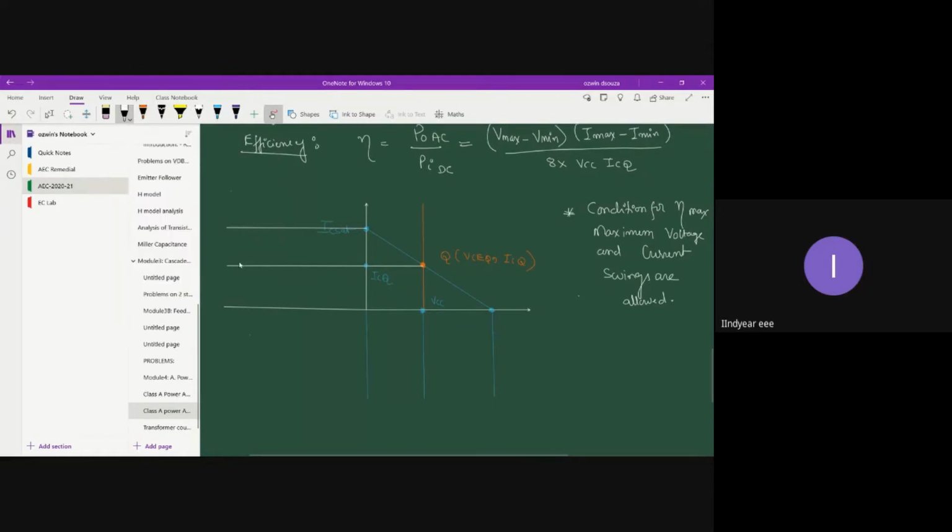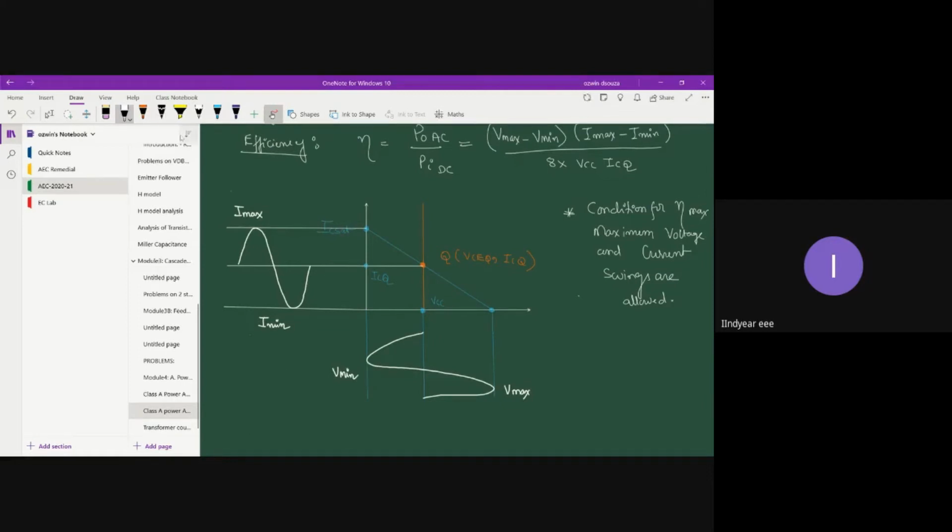Current signal, and the voltage. So this is your Imax, Imin, VC max, or in short Vmax, and Vmin.